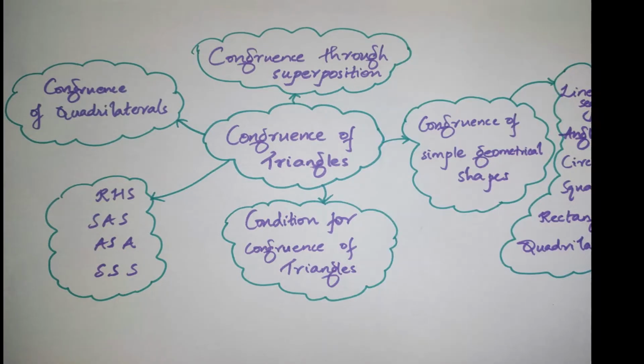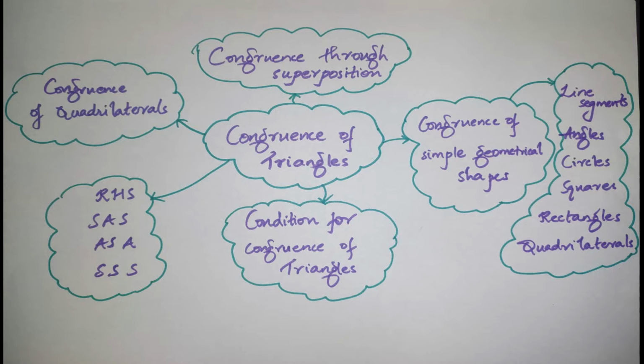So children, what you see here is the mind map for the chapter congruence of triangles. In this chapter we would learn about congruence through superposition, congruence of simple geometrical shapes such as line segments, angles, circles, squares, rectangles and quadrilaterals.